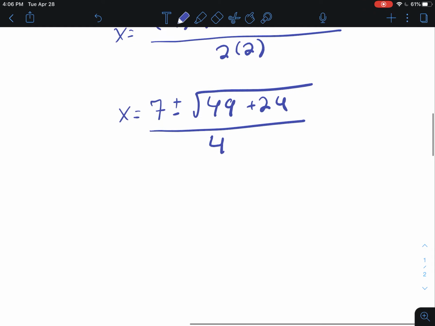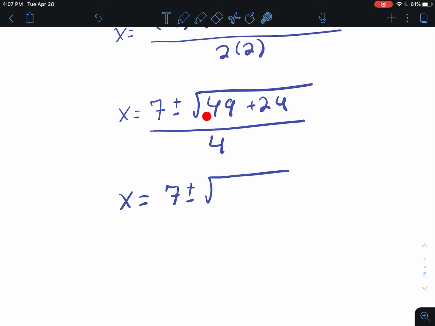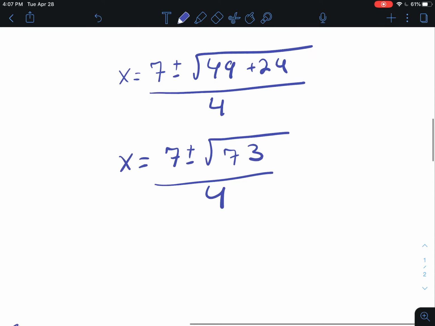All of that gets divided by 4. So then we get x is equal to 7 plus or minus the square root of 49 plus 24. 9 plus 4 is 13, 4 plus 2 is 6, so that gives us 73 over 4.